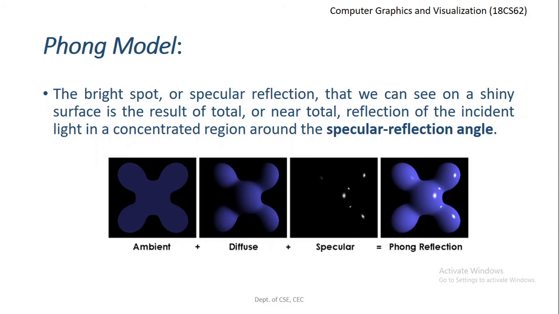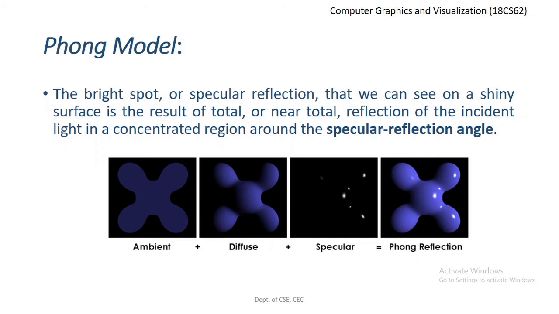We can understand the surface texture also to some extent, not exactly the surface texture, but the ups and downs on a given surface, how rough or smooth it is, how shiny it is, and what the ambient light is. All these things can be understood by looking into this Phong reflection model. So it takes into account the ambient light, the diffuse, as well as the specular reflection.